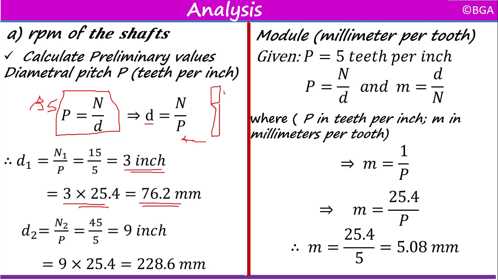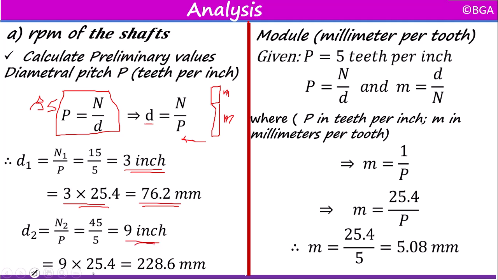That means the module of the driver gear always should be equal to the module of the driven gear, or you may say the diametral pitch of the driver gear is the same as the driven gear. So if you calculate the diameter of that second gear, it is the number of teeth divided by the pitch, and it's going to be 9 inch.